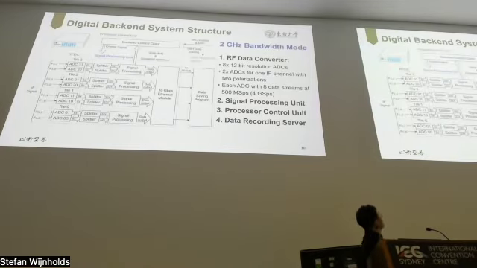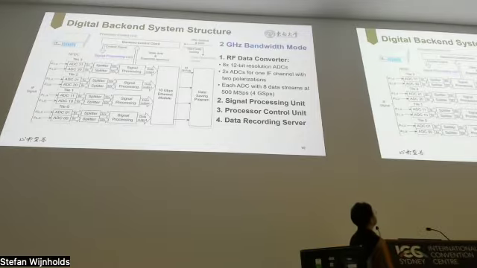The system structure is shown here, and it has 4 parts. First is the RF data converter, which has 8 12-bit resolution ADCs, and we use 2 ADCs for 1 RF channel with 2 polarizations. Each ADC has 8 data streams at 500 megasamples per second. So in total it is 4 gigasamples per second for the 2 gigahertz bandwidth mode.